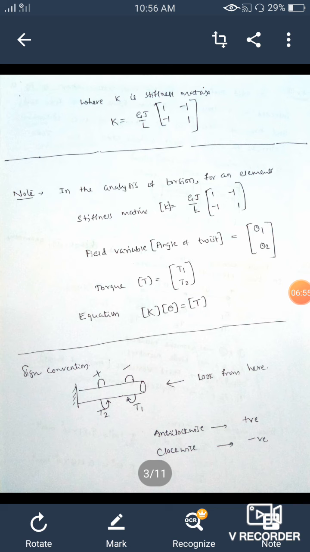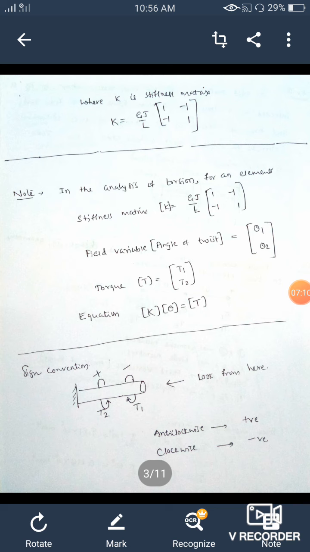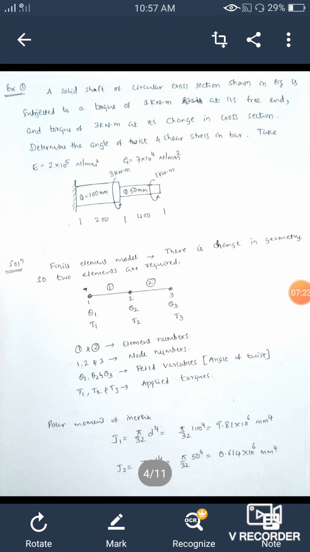That's why it is k theta equal to T. The sign convention is shown in this figure: anticlockwise is taken as positive and clockwise is taken as negative. Remember that.